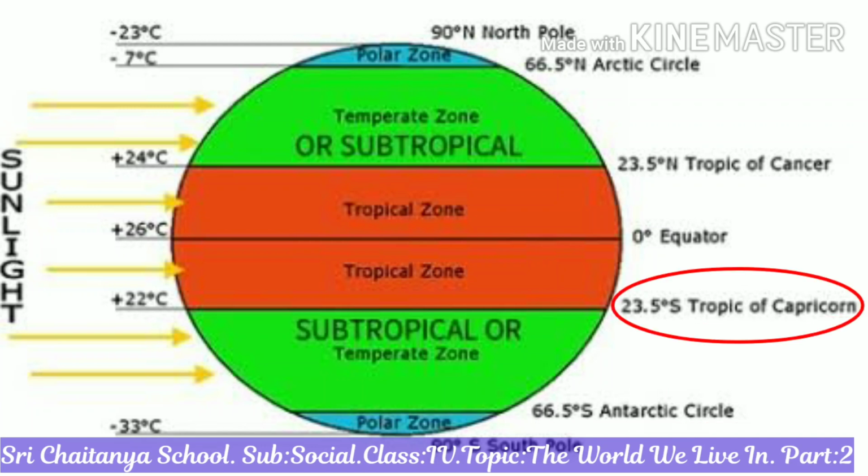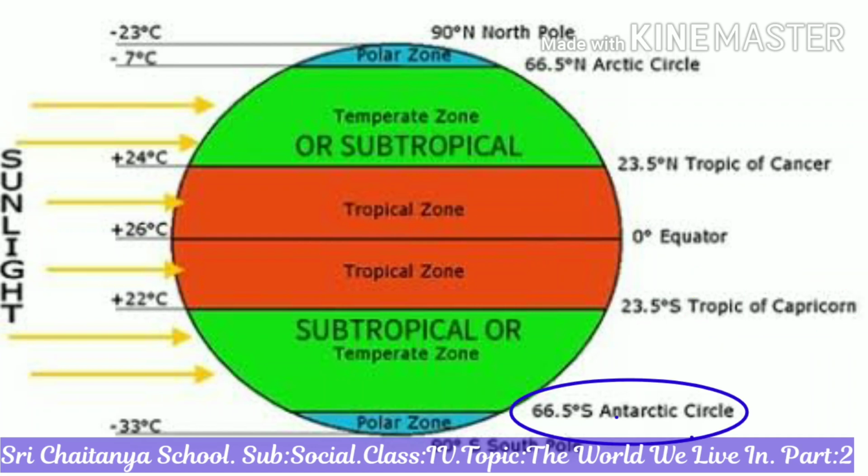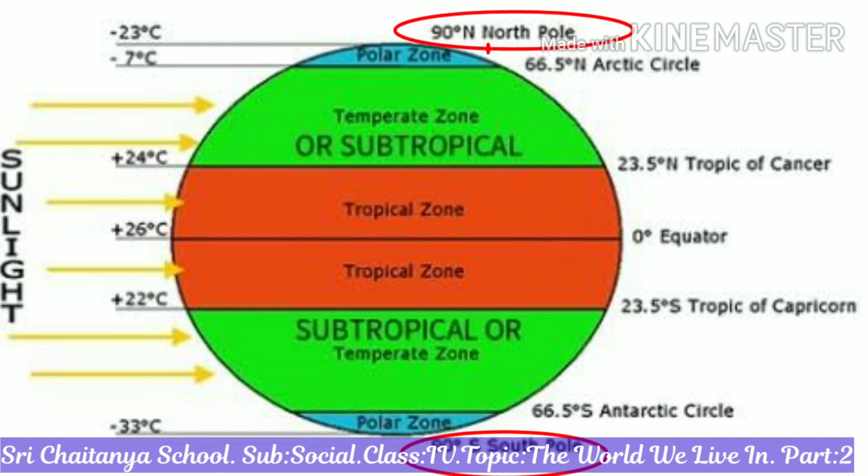They are the Tropic of Capricorn, which is at 23.5 degrees south latitude, and Antarctic Circle at 66.5 degrees south latitude. Other than the equator and the 90 degrees north and 90 degrees south pole, we have these 4 important latitudes on the earth.